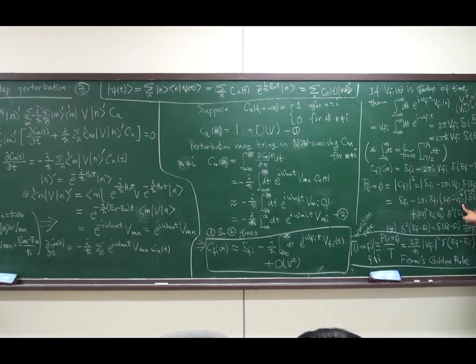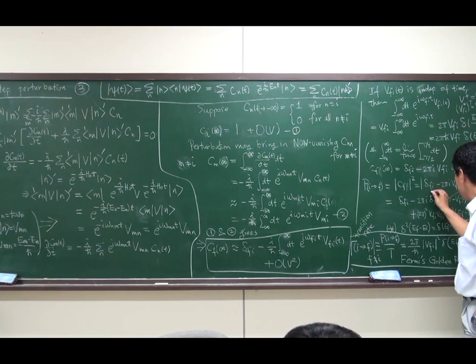Even though this is a square, it is not summed over, so this is not V_II. However, this can be written effectively as delta_fi V_ii.